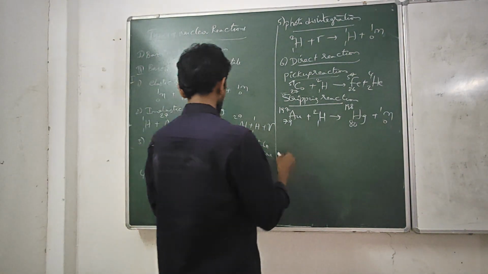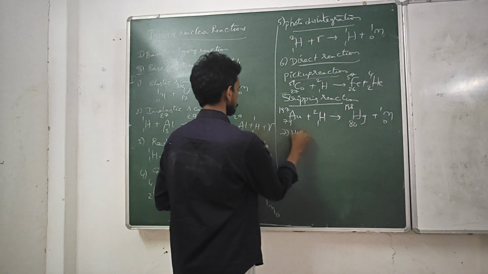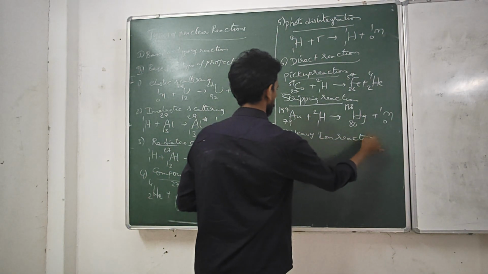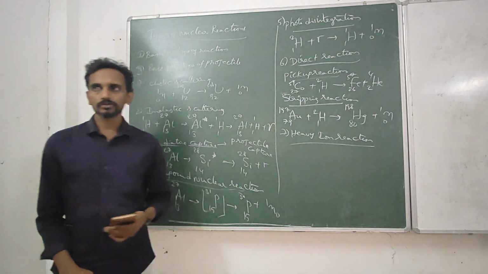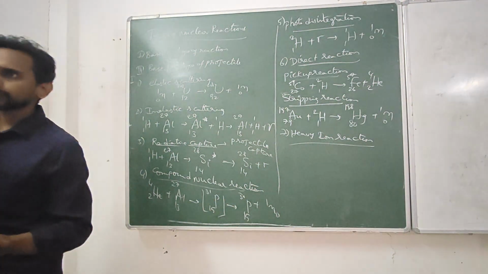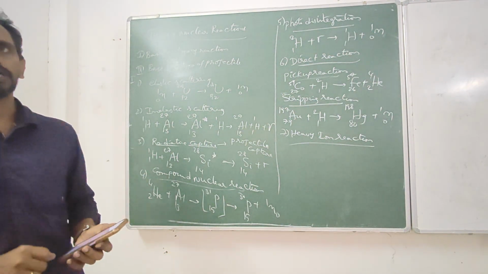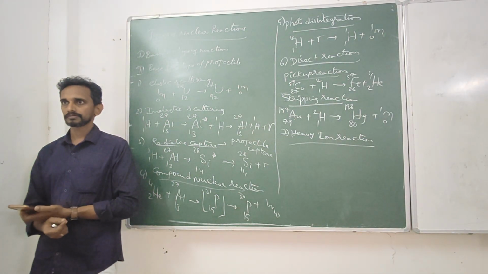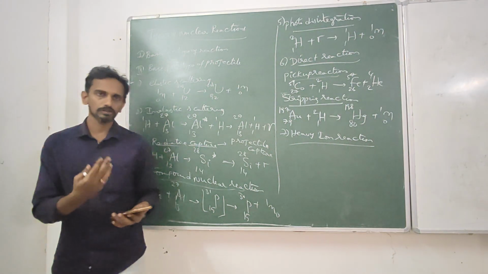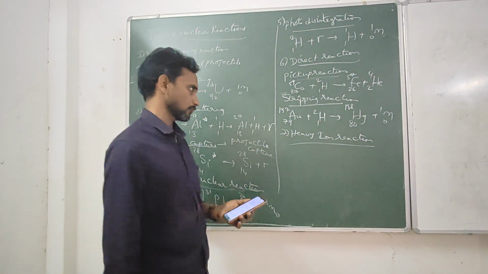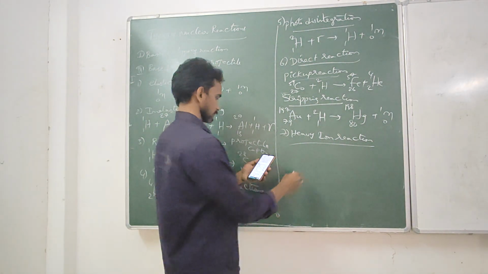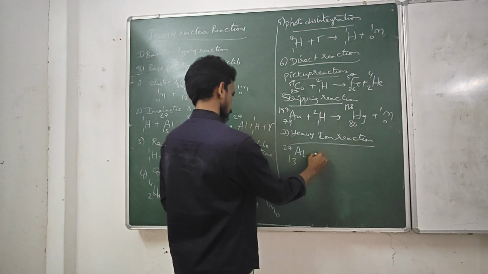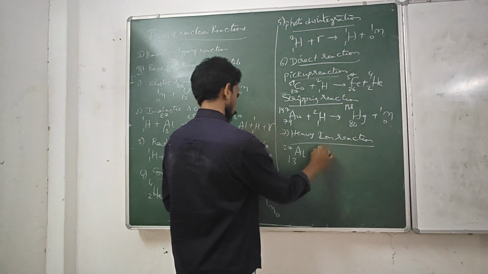Heavy ion reactions. So here both projectile and target are heavy atoms, comparable in size. So the result is also some kind of comparable size of atoms or nuclei will be generated. For example, Al-27 13 plus N-14 7.